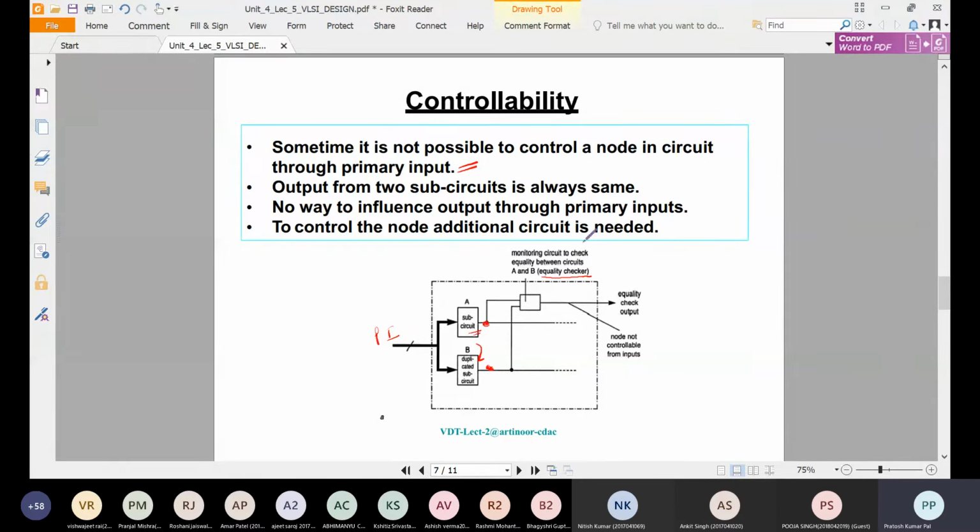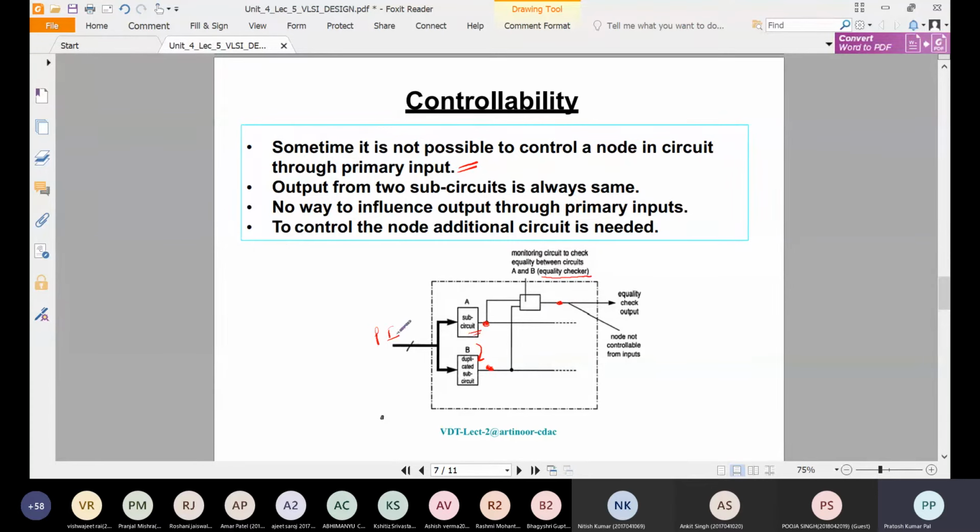In this case, we should require an additional circuit to control these. So there will be some extra circuitry, and this circuitry will be this equality checker, whether it is equal or not. This input is coming to the equality checker, and it is giving out the output.